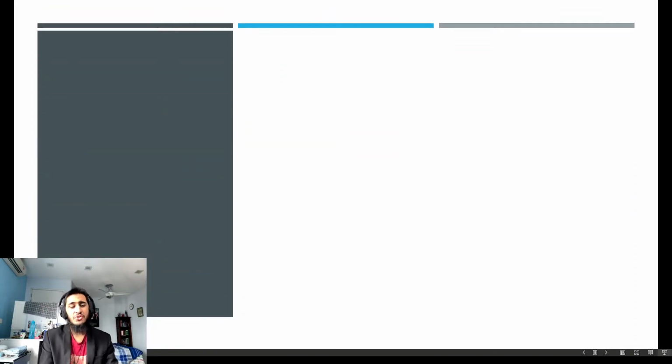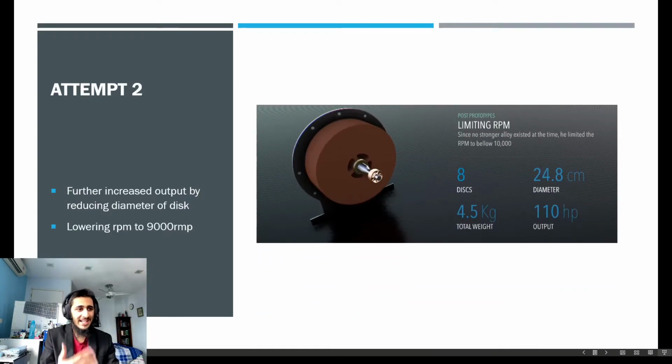But Tesla chose to tune it further. While still keeping the speed at 10,000 RPM, what he did was then change the diameter of the disc even more to 24.8 centimeters. And this was able to create an even higher output of 110 horsepower. Very impressive, right? And his testing seems quite efficient.